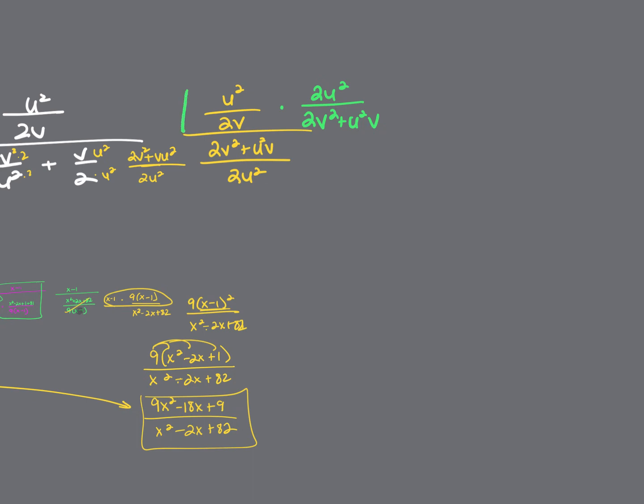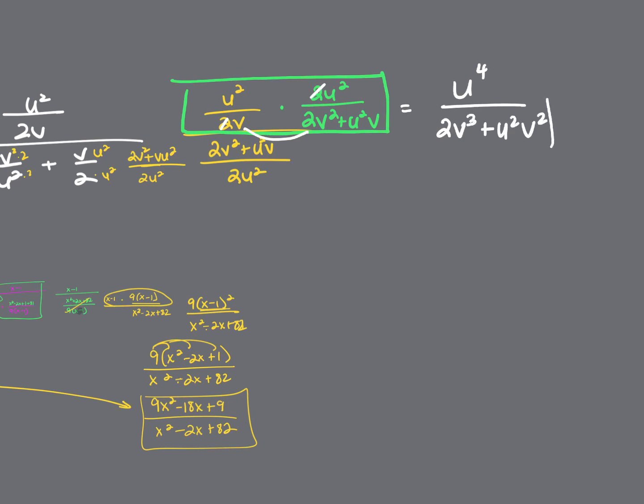If you could cross cancel from here, you would, like the 2's. The u's, it's a u and a v in one corner, and the top left, bottom right, it's u's, and they're not on both of the ones in the bottom. So now we're just going to multiply straight across. U to the 4th over v times 2v squared plus u squared v would be 2v to the 3rd plus u squared v to the 2nd.